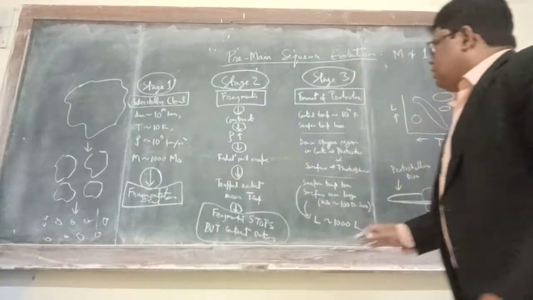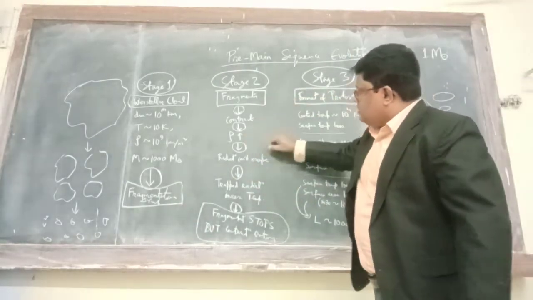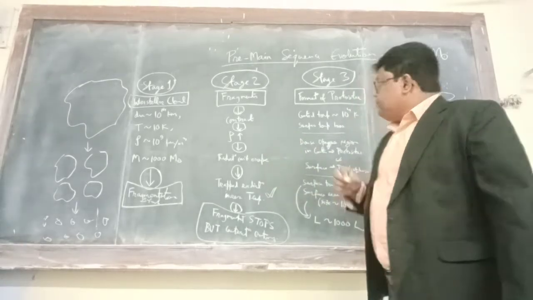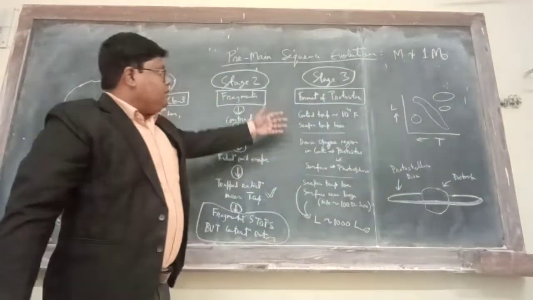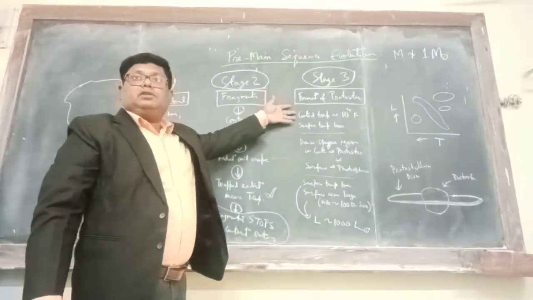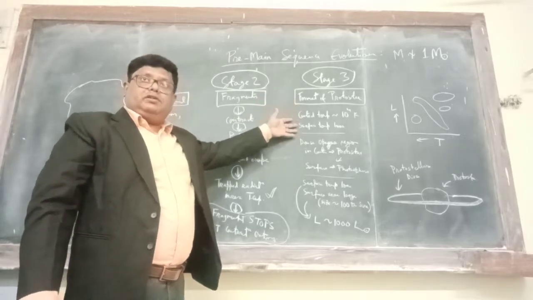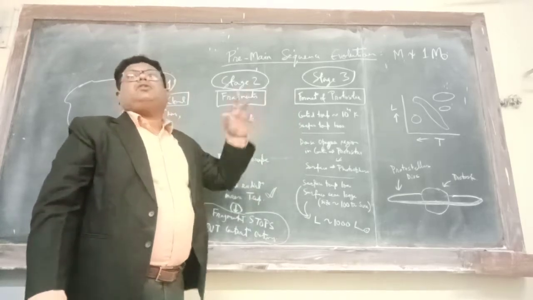Now let's talk about stage 3. In stage 3, as a result of this, the temperature keeps on increasing. Here, the central temperature rises to around 10,000 Kelvin. However, the surface temperature, considering one of the fragments, is not that high.